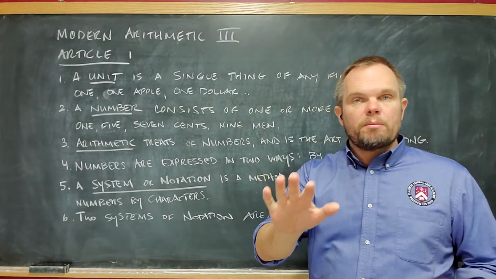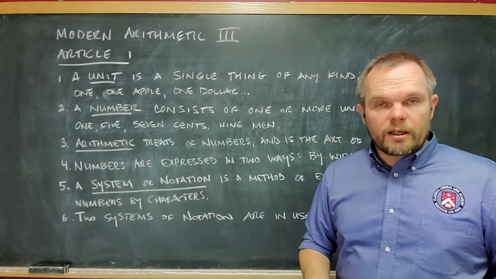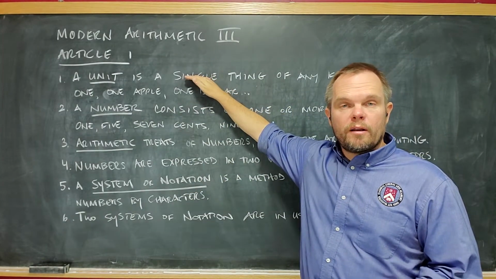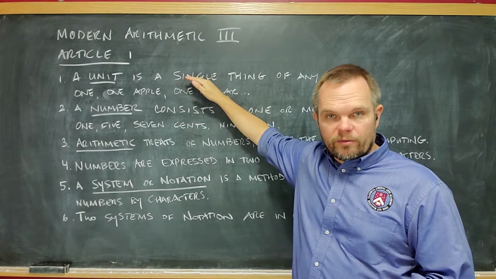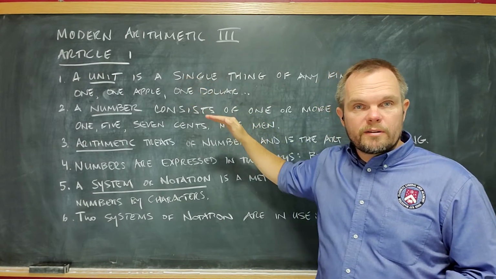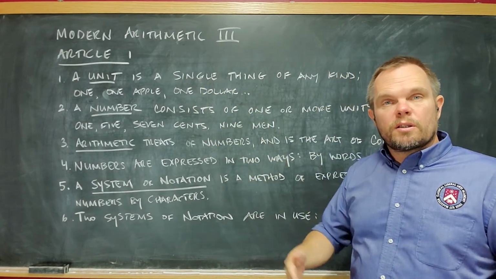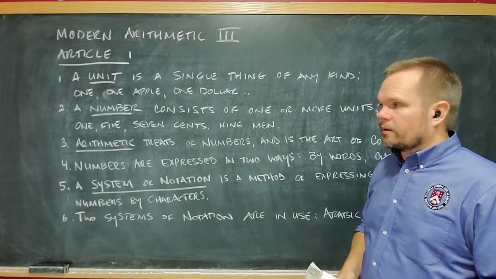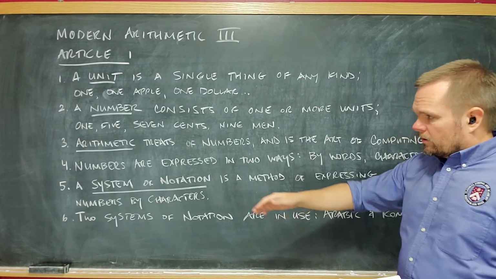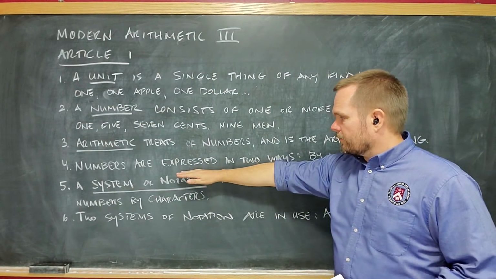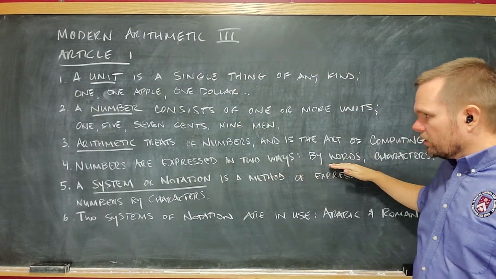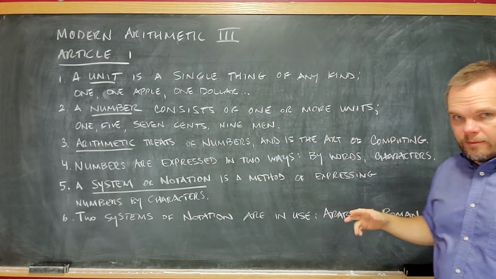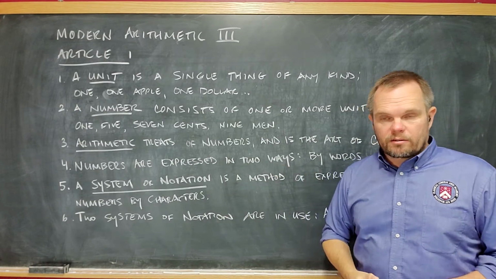And I know that you probably know what numbers look like, but remember, we need to make sure that we learn very clear definitions for all of these words and ideas so that we can go on and study more ideas in arithmetic. Okay? So numbers are expressed in 2 ways, by words, as we saw up here, and also by characters, as we're going to be learning in the next few lessons.